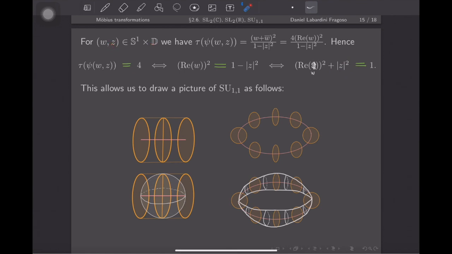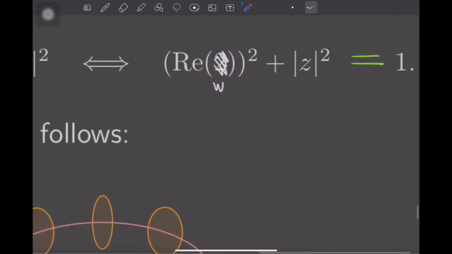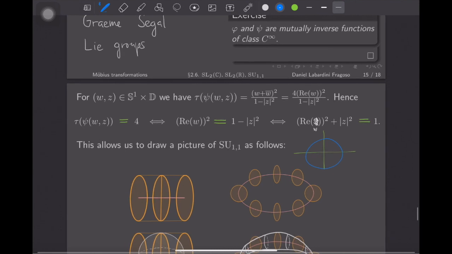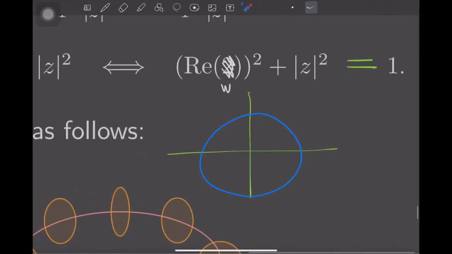Now at W, so you see, think only about W. Right? So think about the complex plane and the unit circle. Right? I mean, W lives in the unit circle.